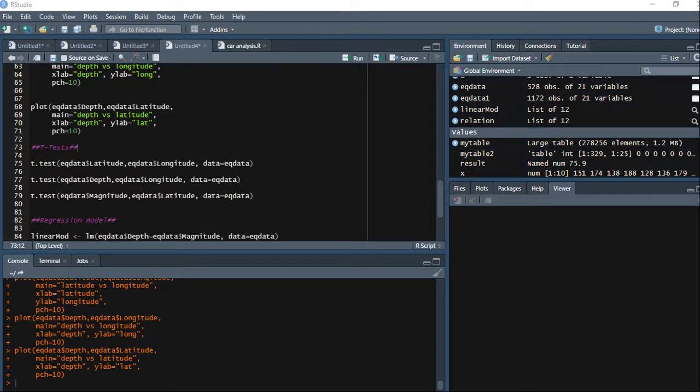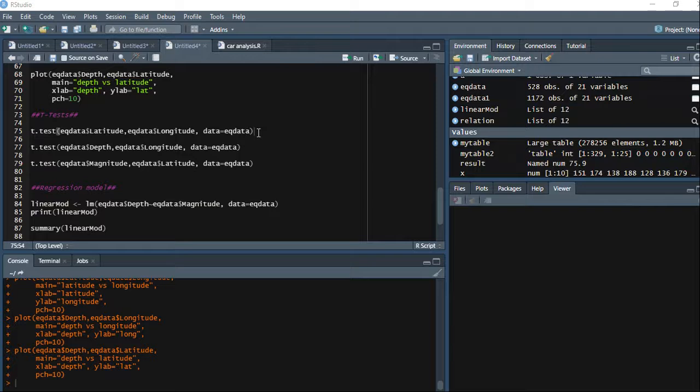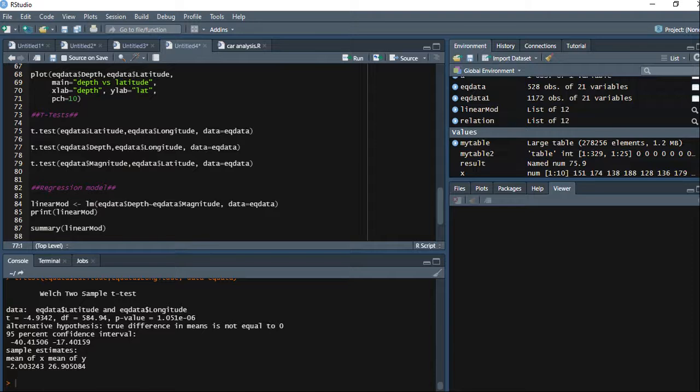So let us have a look at the first set, where I have compared the latitude and longitude. So here is the result. Here we can see the mean of x and the mean of y. These are sample estimates, and the data which we have used is latitude and longitude.